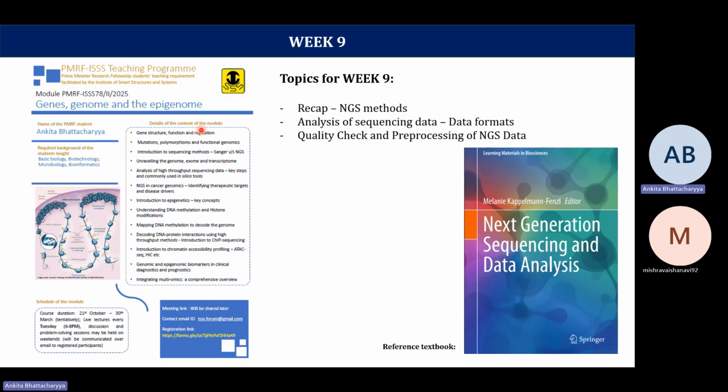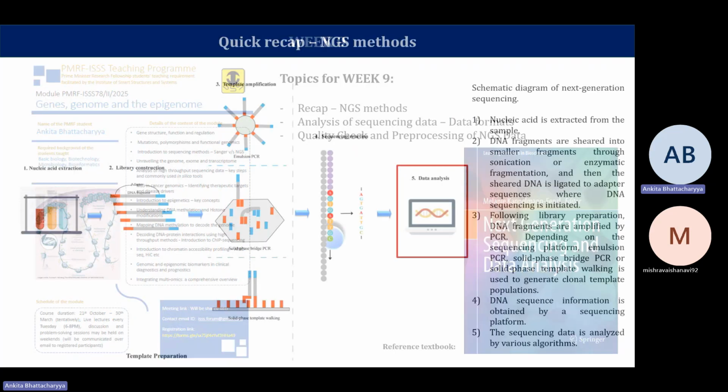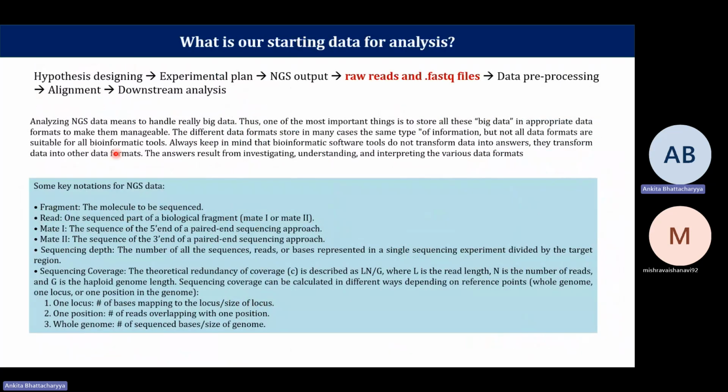Okay, now first we had done a quick recap of the procedure that you need to follow with NGS data. So you start off with hypothesis designing, of course, and then based on your experimental plan, you choose the most optimal technique under those conditions, and then the output that you get from your sequencing experiment are raw reads and the FASTQ files.